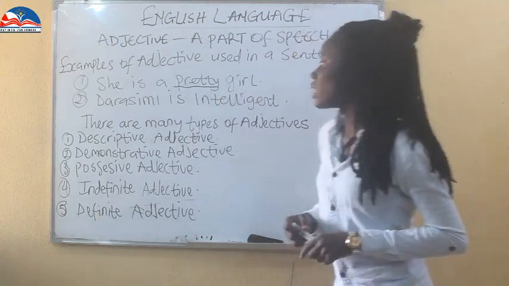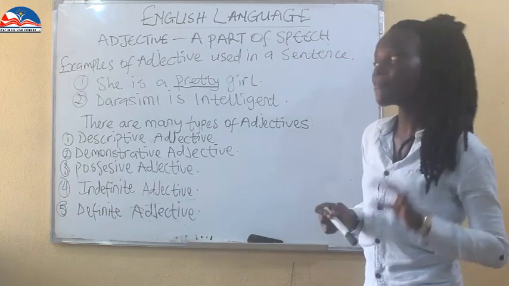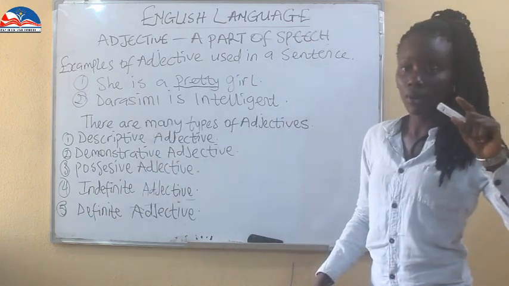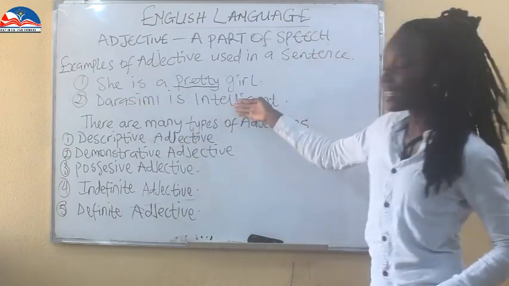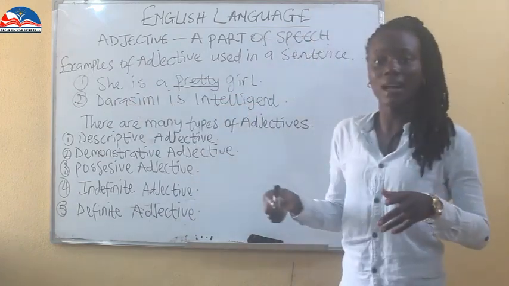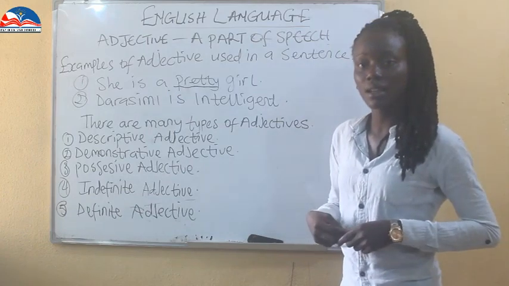The second one: Darasimi is intelligent. Darasimi is a noun. So now, what gives us more information about this noun? Intelligent, the adjective. It gives us more information about the noun, telling us how Darasimi is.